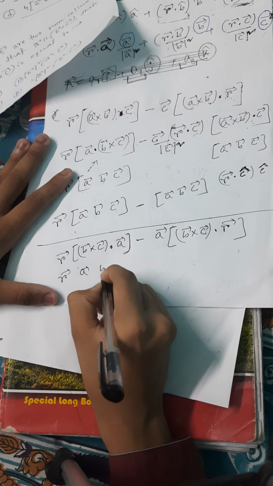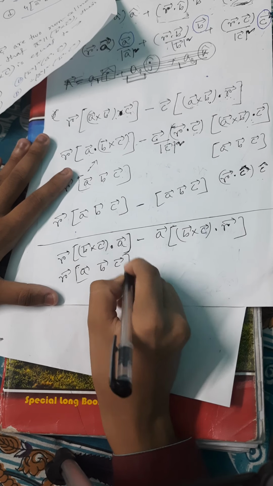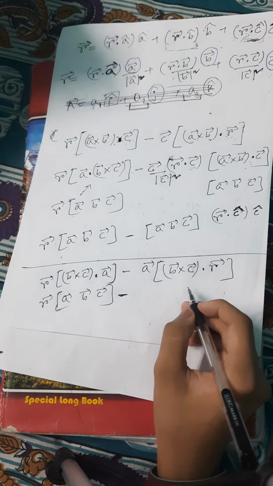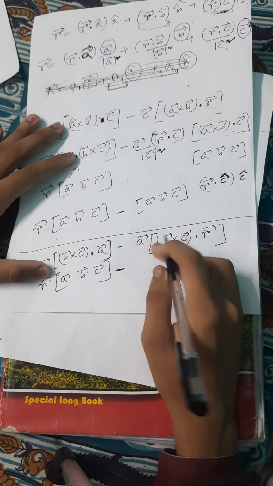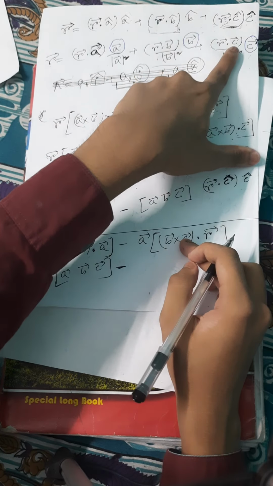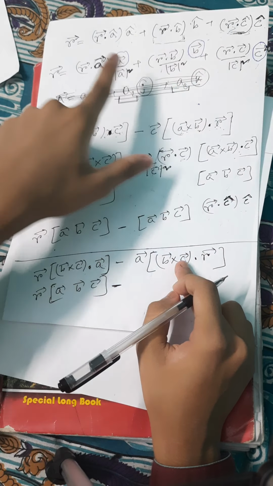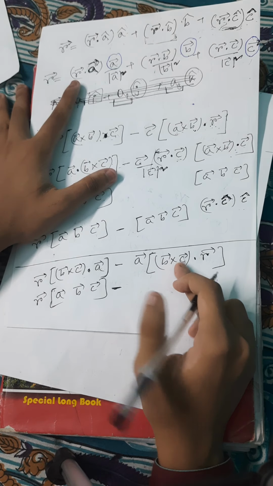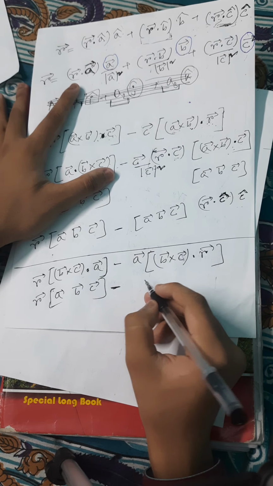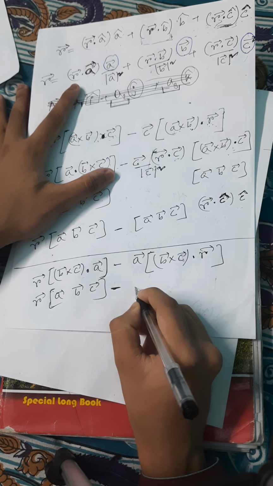So a, b, c, and a vector, what is that? A vector b cross c: b is perpendicular to b and c, so these two terms will vanish, this term will remain. So you common out these constants.